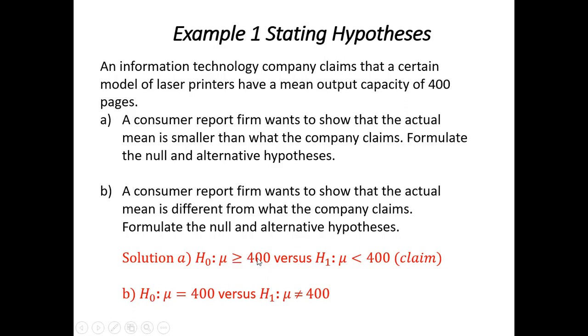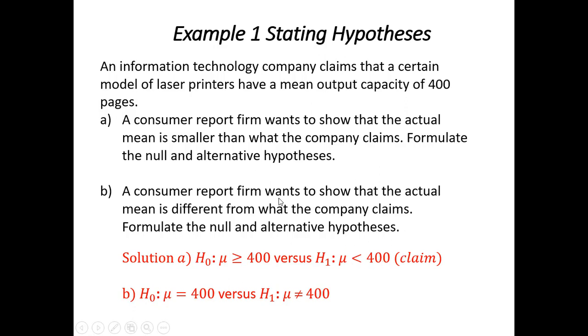Notice the null hypothesis contains the equal component and is really just the opposite of what the alternative is, right? The alternative here is that the mean mu is less than 400, and you can see this is what the firm is trying to do. So here I've labeled this as the claim. Often the claim is the alternative hypothesis.